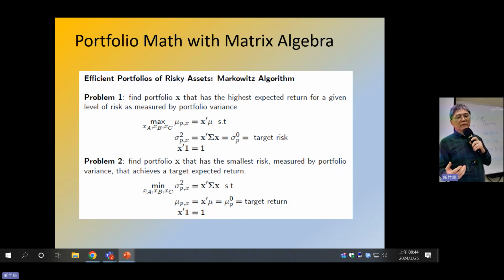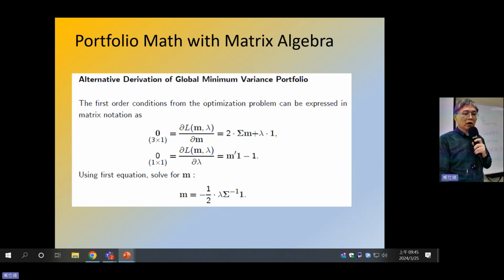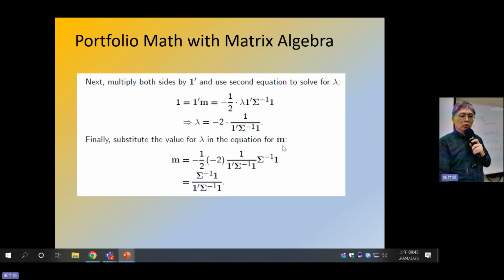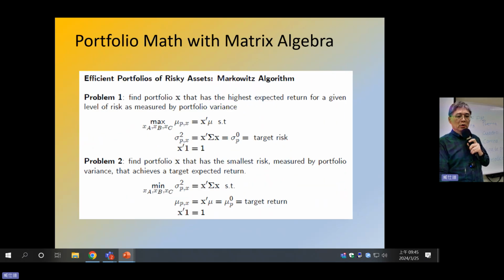So now we have one more condition or constraint. In our global GMVP, we only have one condition, which is that the sum of weightings is equal to 1. But now we add another condition, a target risk or target return. For the convenience of the optimization process, we usually handle problem 2.